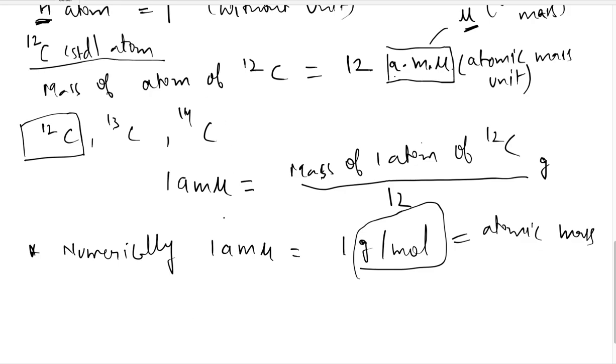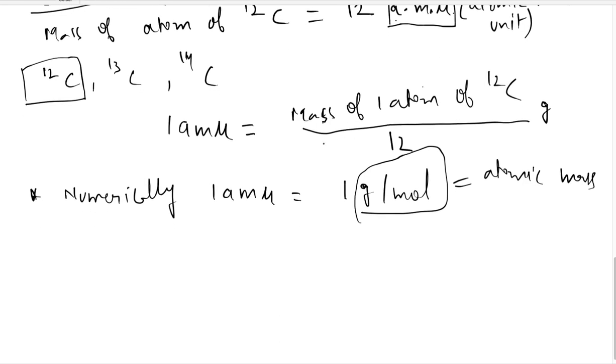Okay, so now we are moving to the atomic mass. I hope everything till here is clear. It was the mass of an atom in earlier days, and the unit was AMU or U. But nowadays we don't talk about the relative mass. This was a relative mass, right? Nowadays we talk about the atomic mass or molecular mass.